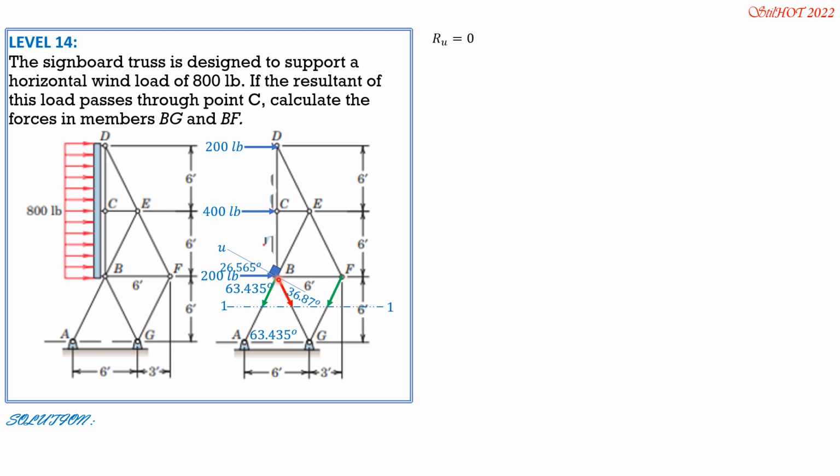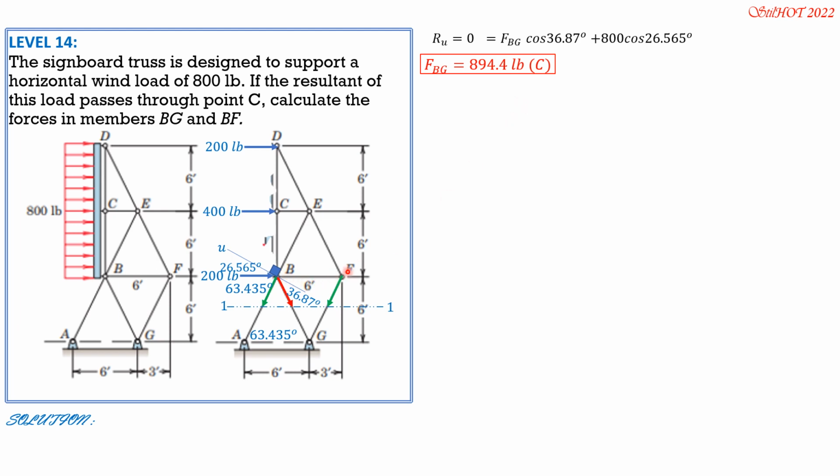Take note that FFG and AB are not involved. They are perpendicular to this axis U, so they have no components. So FBG cosine of 36.87, then instead of 200 cosine of 26.565 plus 400 cosine of 26.565 plus 200 cosine of 26.565, let's just make it 800 cosine of 26.565 combined. So from there we can solve FBG. It is equal to negative, so because it is negative, it is compression, 894.4 pounds compression.